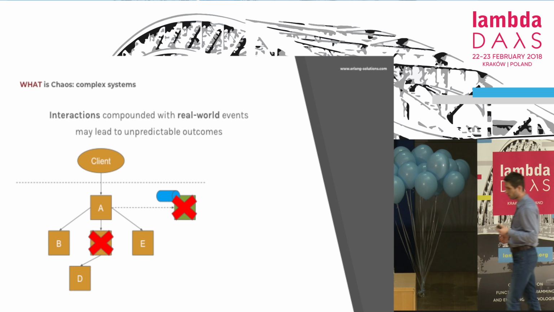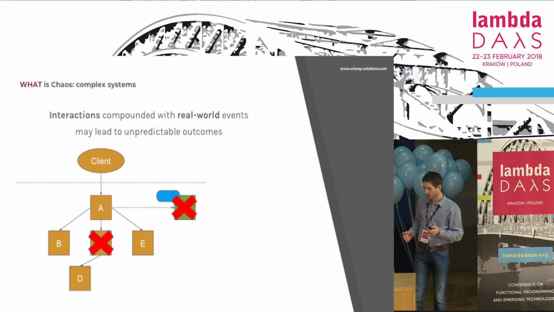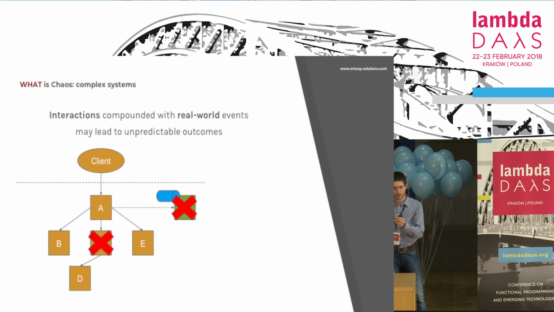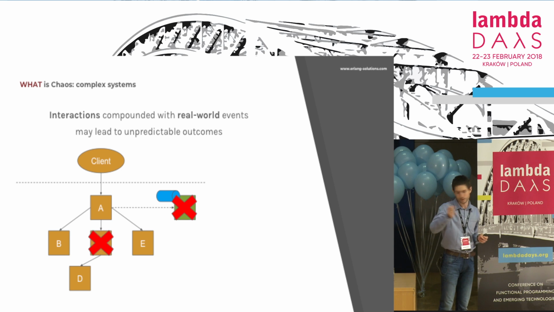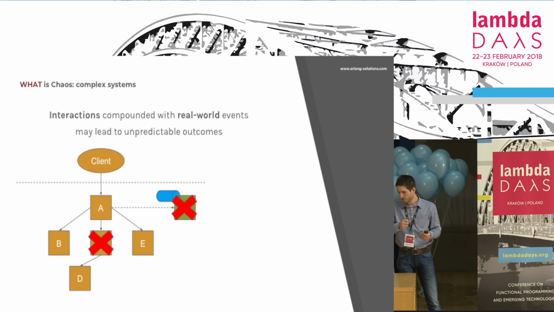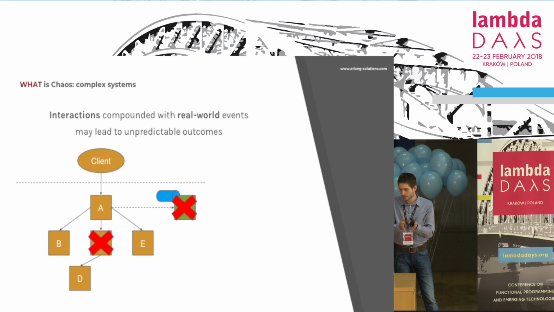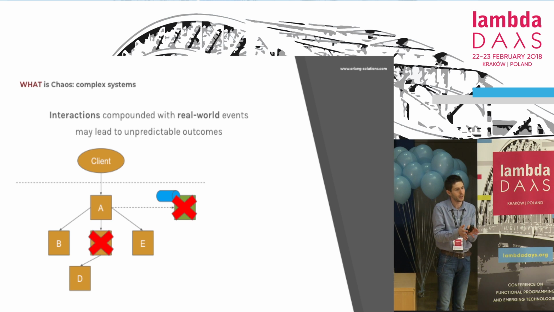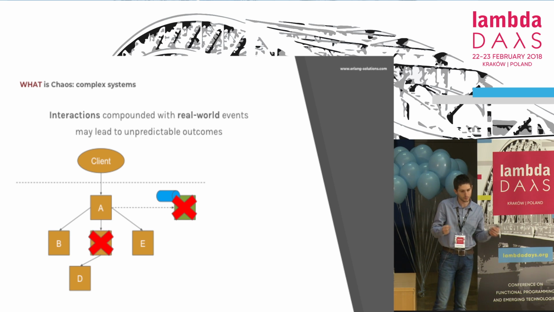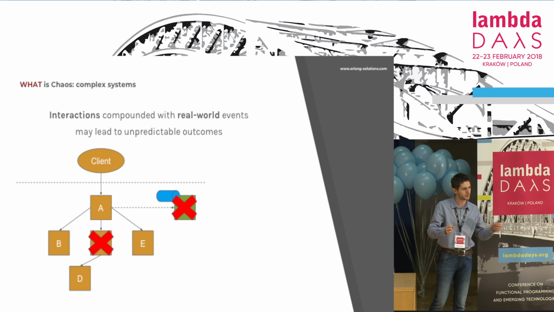And to give you an example, let's consider the graph above, where we have a client that hits microservice A, which in turn contacts microservice B, C, D, E, and at some point C fails and we have a fallback in place, which is F. But it turns out that for some reason F is not able to handle the load that C was.